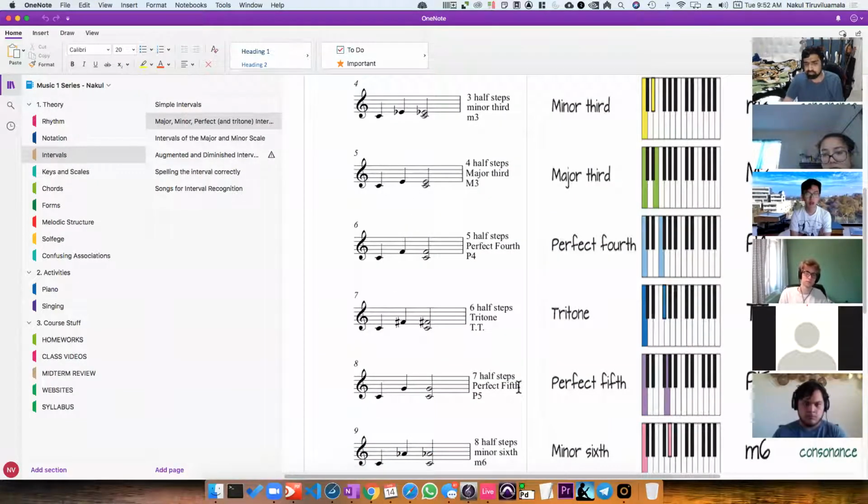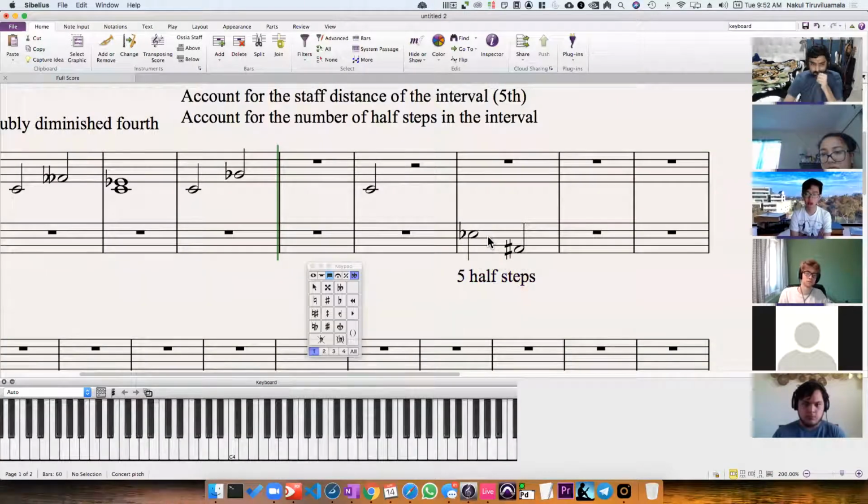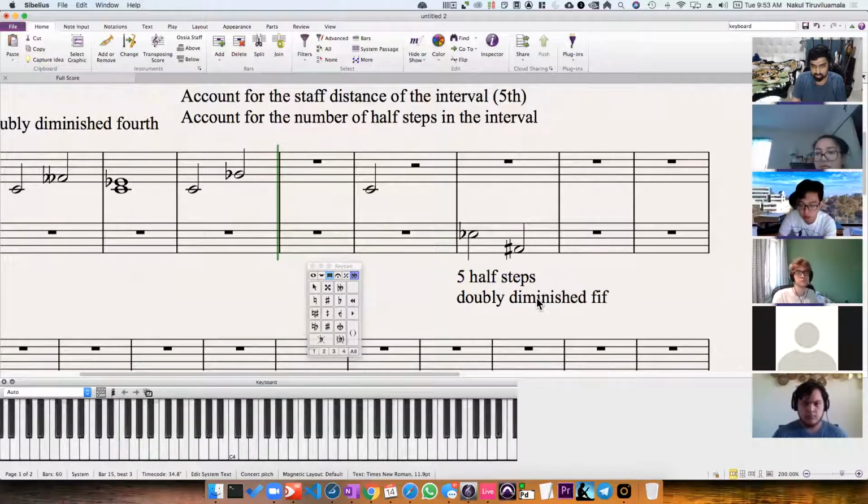On a perfect fifth, you're expecting a distance of 7 half steps. This is one way you can think about it. So you're actually shrinking this interval by 2 half steps. If you shrunk this interval by 1 half step, this would become a diminished fifth. But since you shrunk this interval by 2 half steps, it becomes a doubly diminished fifth. That's one way you could do it.